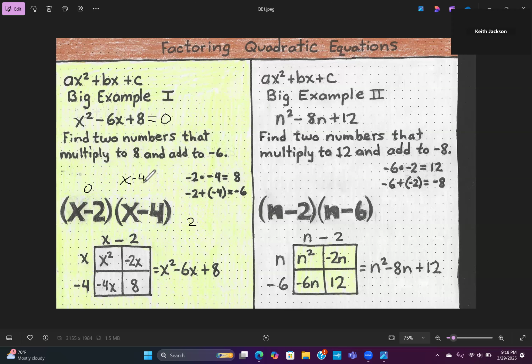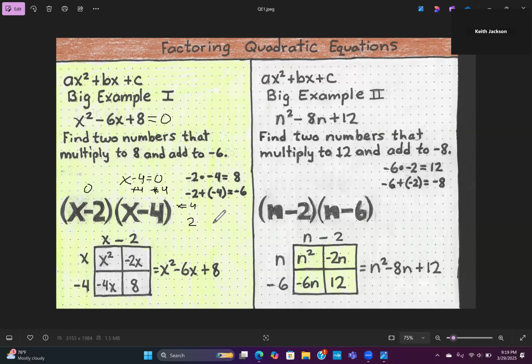In order to figure out what x is, we're just going to add 4 to both sides, and we will get that x is equal to 4, because 4 minus 4 would give us that 0 that we need. And so the other root, or the other x-intercept, for this quadratic equation will be 4.